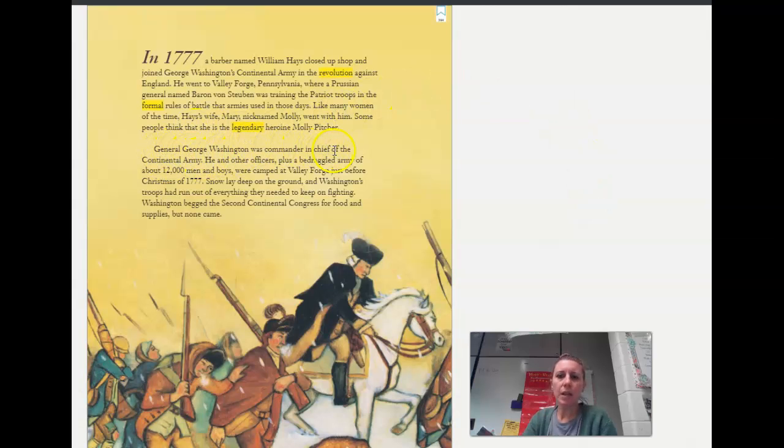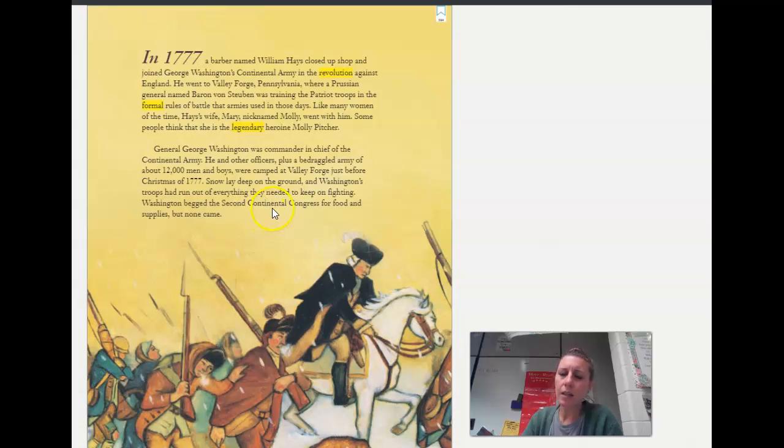General George Washington was commander-in-chief of the Continental Army. He and other officers, plus a bedraggled army of about 12,000 men and boys, were camped at Valley Forge just before Christmas of 1777. Snow lay deep on the ground, and Washington's troops had run out of everything they needed to keep on fighting.